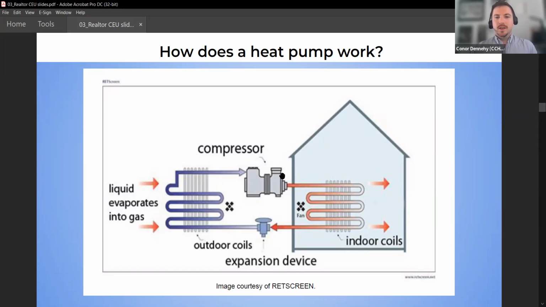But essentially, we are extracting heat from the outside air here. So through the process of the refrigerant just being a chemical that operates at some interesting thermodynamic properties, it's able to absorb heat out of the air, even at very low temperatures. And then through the compressor, we're squeezing the energy out. And so we're distributing heat inside the house, and this operates continuously.